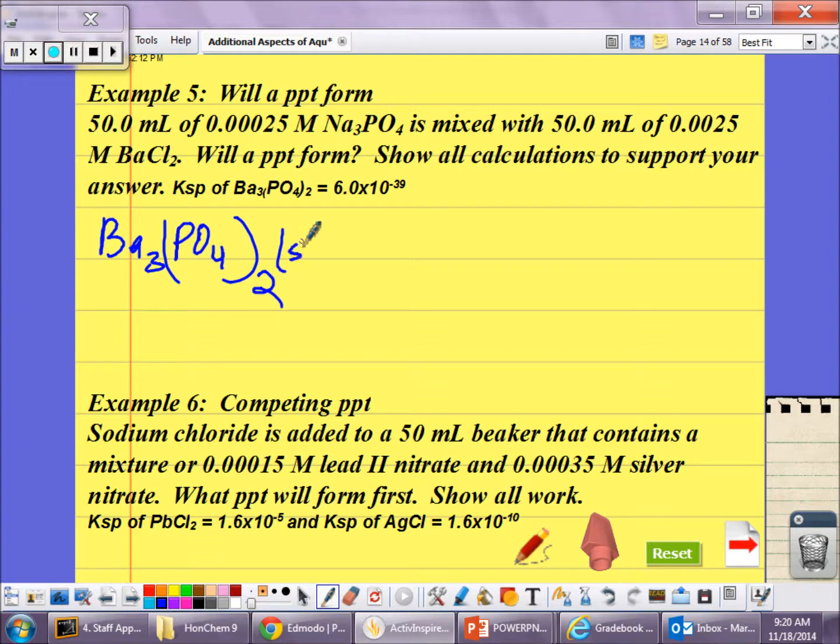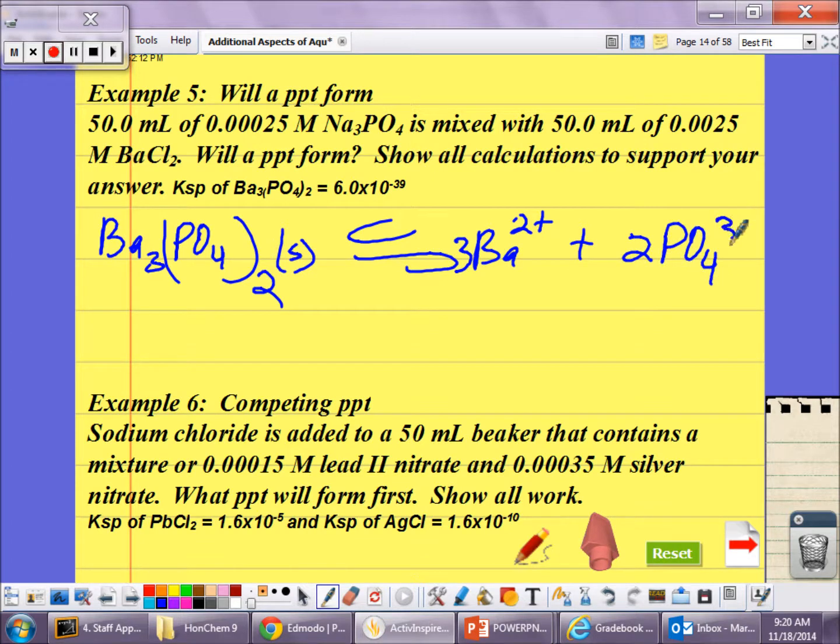This is your solid, and write your equilibrium with it: it will give you 3Ba2+ plus 2PO4 3-. This is your slightly soluble salt. This is your equilibrium for that slightly soluble salt, and that's what you use to do your ICE table.